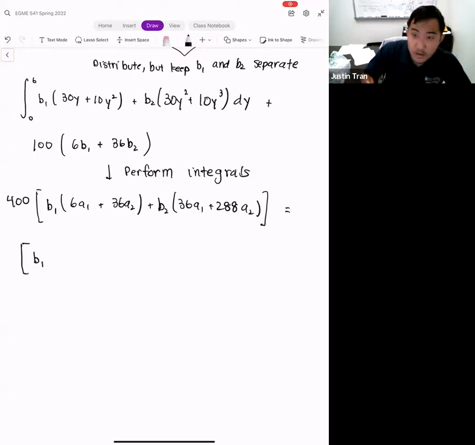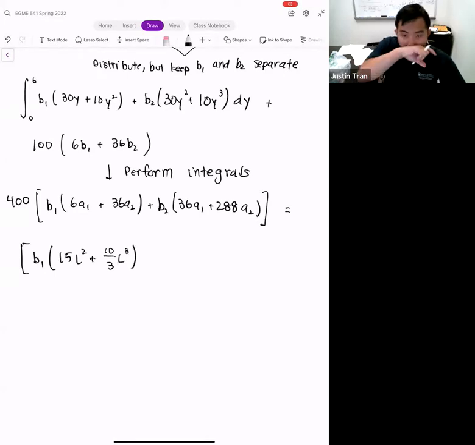There's B1 multiplied by 15 L squared plus 10 over 3 L cubed. You plug all that in, and what you get is 1260.